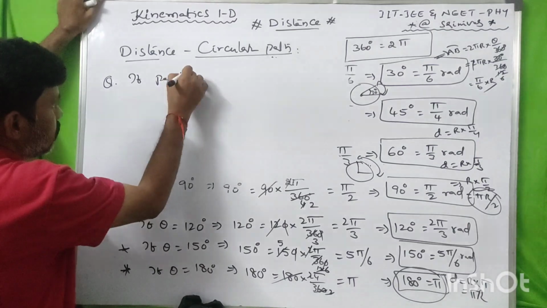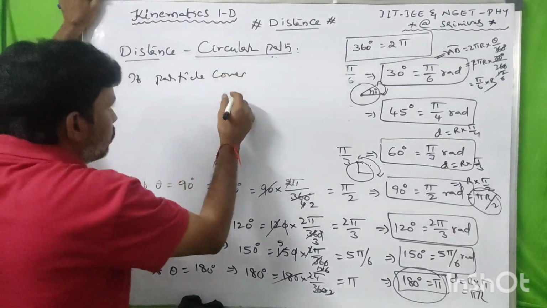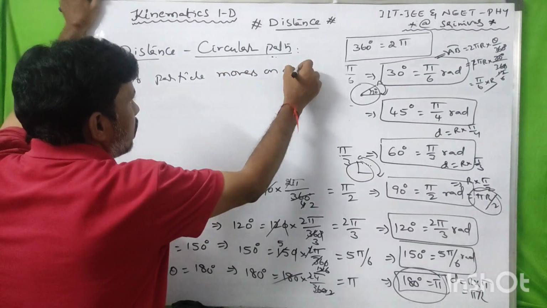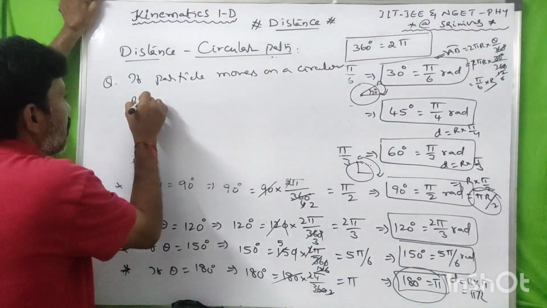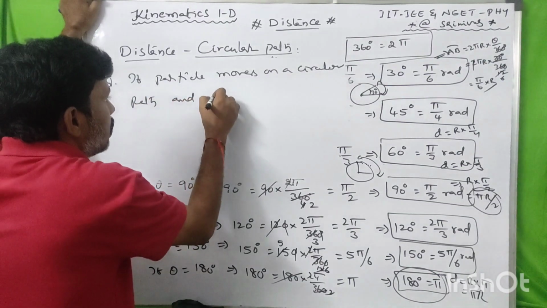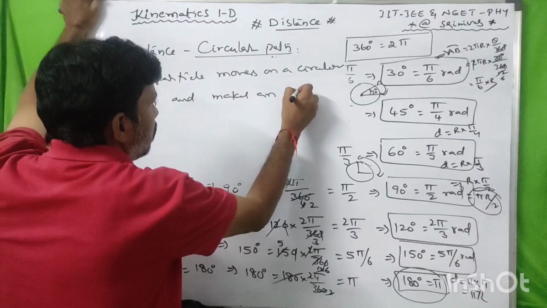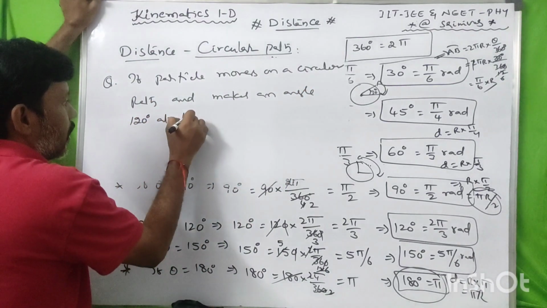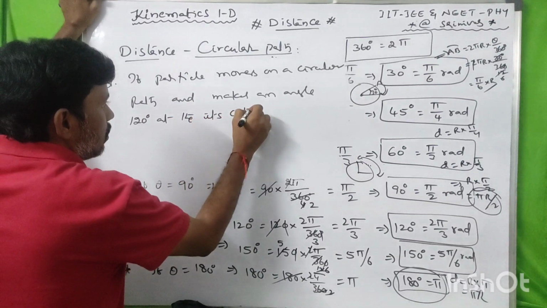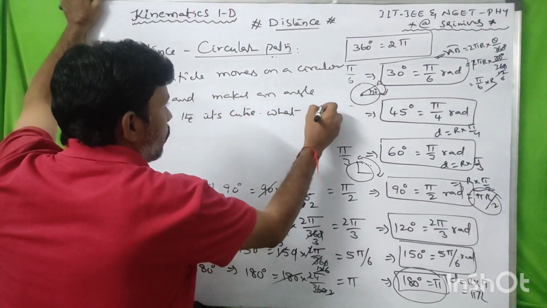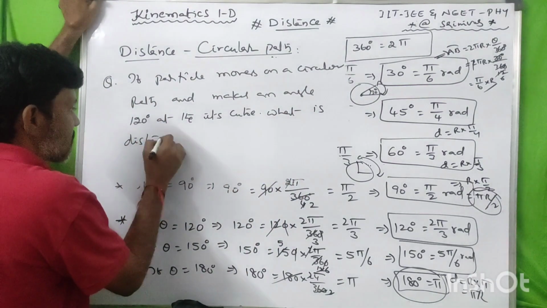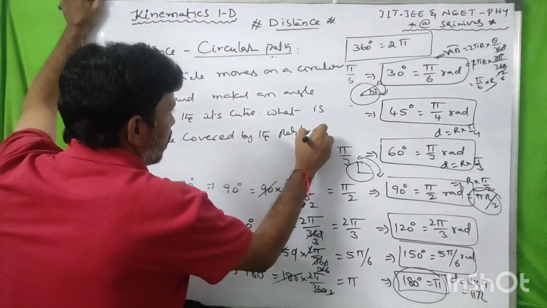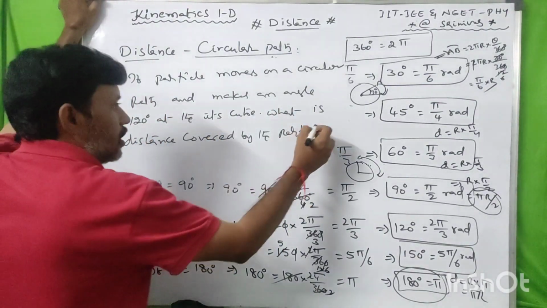If a particle moves on a circular path and makes an angle of 120 degrees at its center, what is the distance covered by the particle? Finally they are asking what is the distance covered by the particle.